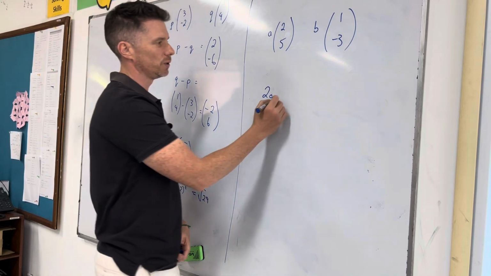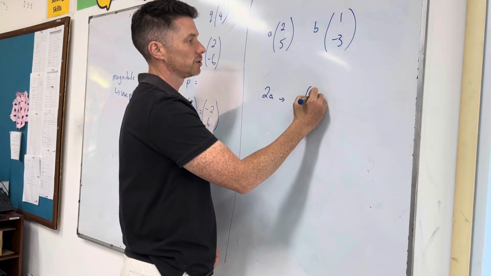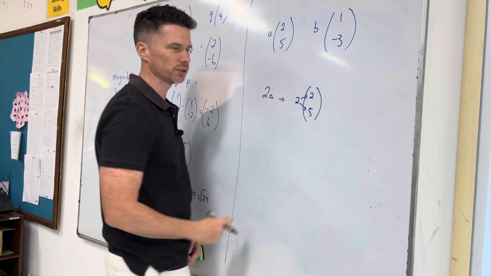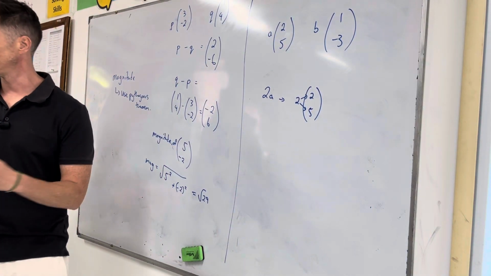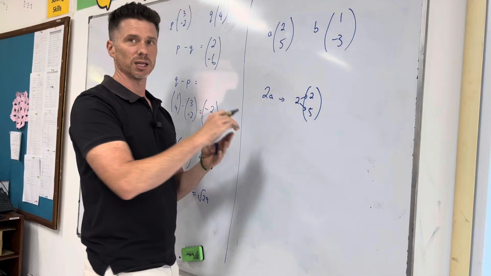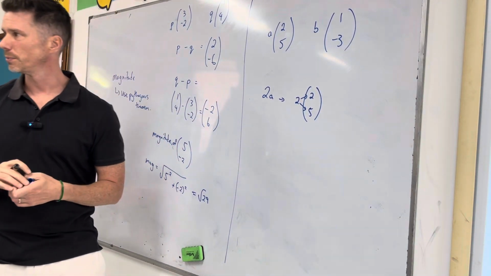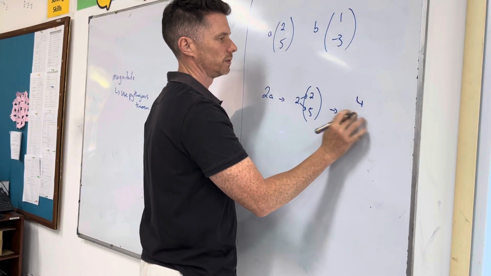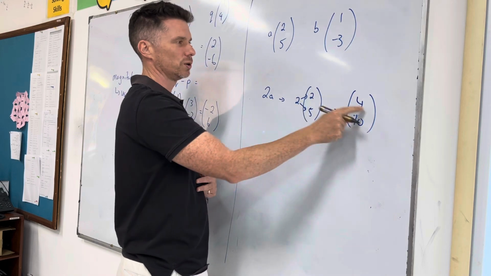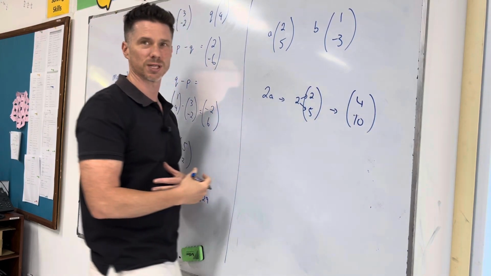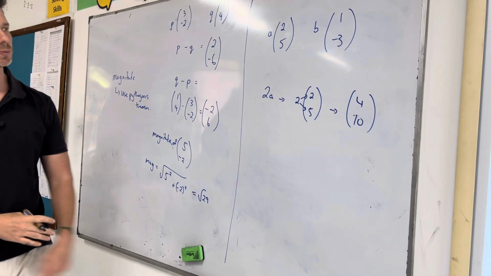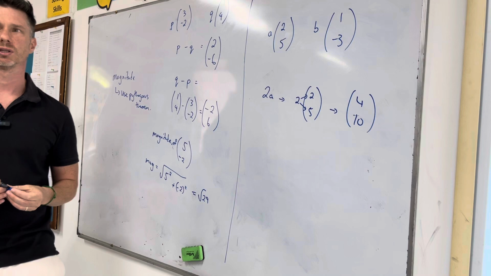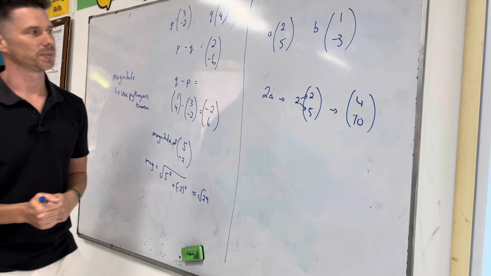So 2A is twice 2, 5. You can write it like that as well. That 2 is applied to both directions. It would be an enlargement if you think about it. It gets twice as big in both directions. There's no invariant point, if you remember that from your transformations. That becomes 4, 10. Instead of going over 2, you're now going over 4. Instead of going up 5, you're now going up 10. That's called a scalar multiple because this 2 has no direction. It just doubles something. It's only a scalar.